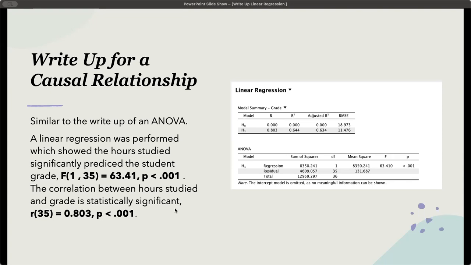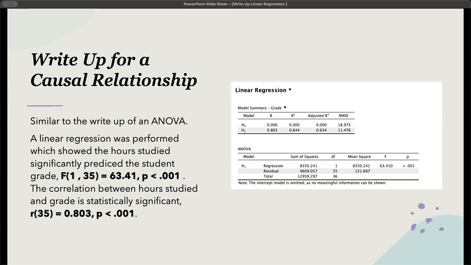The correlation between hours studied and grade is statistically significant. So we have R(35), again, our degrees of freedom, and R is 0.803, which we have up here. And the p-value again is less than 0.001.